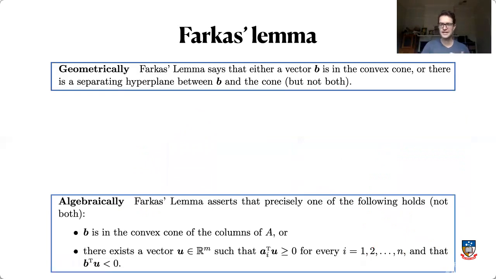So maybe if I put back what this means algebraically, now I can map between those 2 pictures. Farkas' lemma says that one or other of the following holds. Either b is in the convex cone of the columns of A, or there exists a separating hyperplane, and what that means algebraically is that there exists some vector u such that A transpose u is positive for every column of A, and that b transpose u is less than 0.